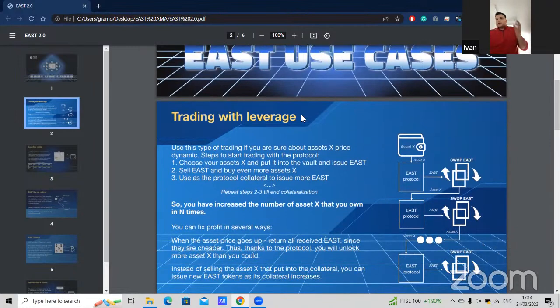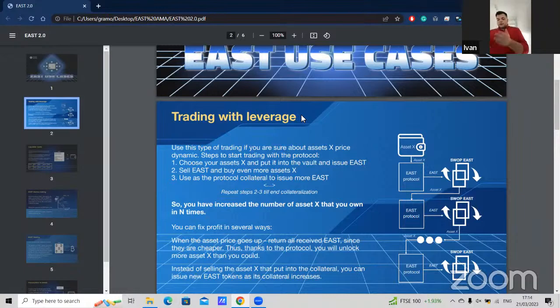First of all, you can use it as leverage. For example, you are a trader and you believe that Waves will grow in the near future. You can do the following to increase your amount of Waves and earn more.